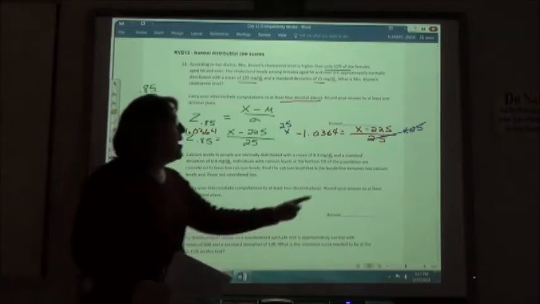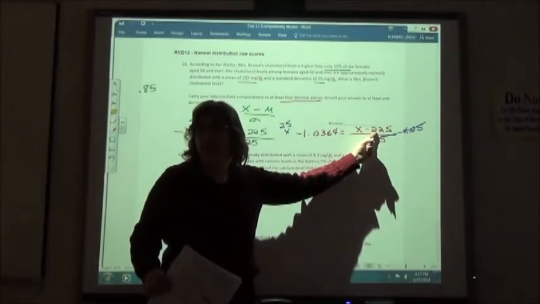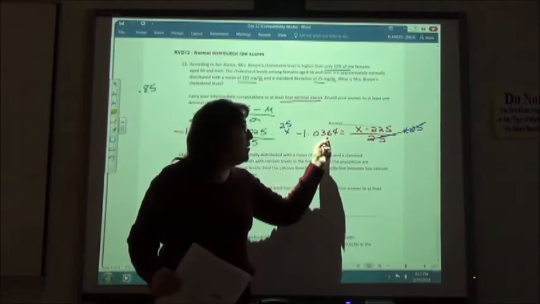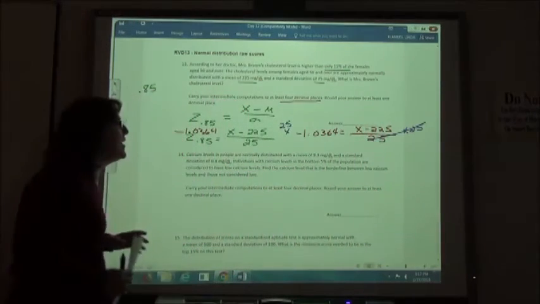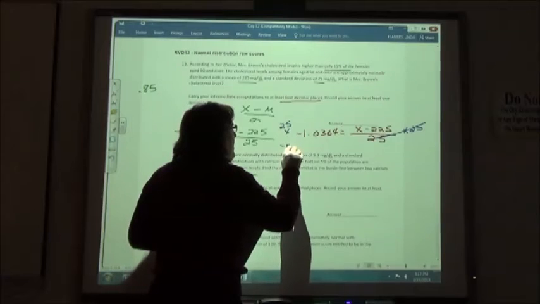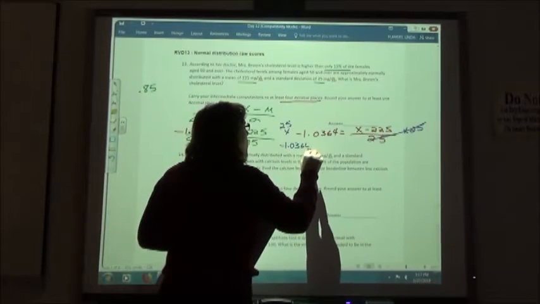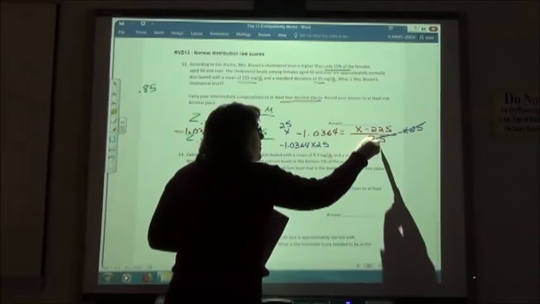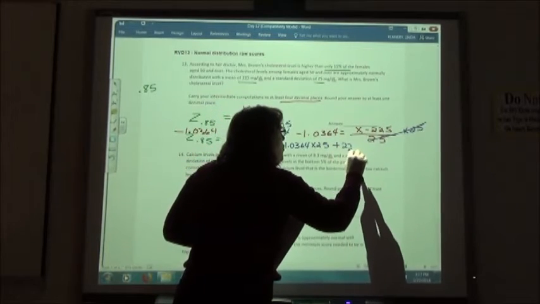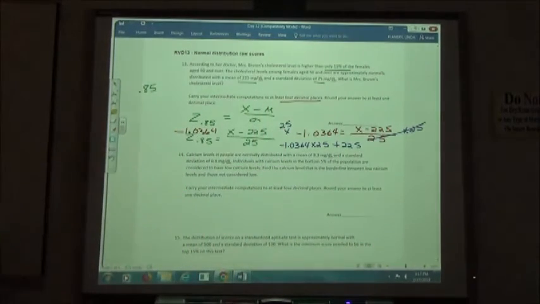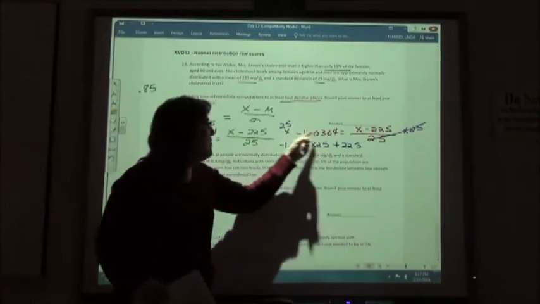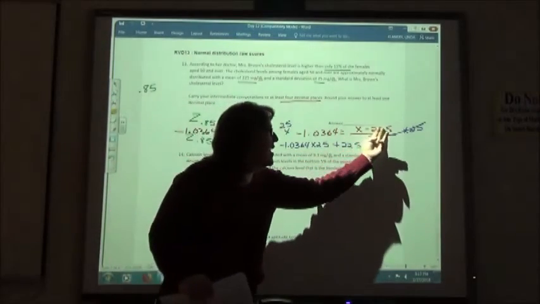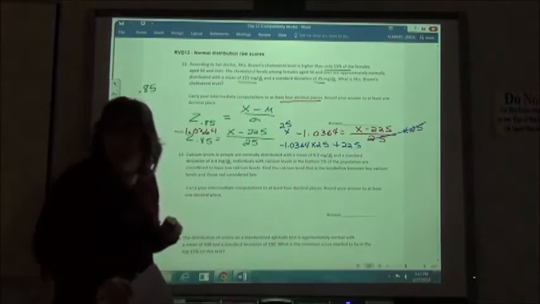Then I still have to move this over here, so I'm going to add that 225. So you're taking the negative 1.0364 times the 25 from the bottom plus the 225 to get the X by itself. There's your algebra. So we times by the 25 to get rid of the fraction, then we had to move this to the other side, so we had to add it.